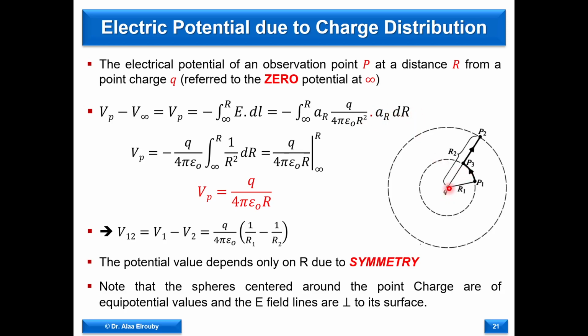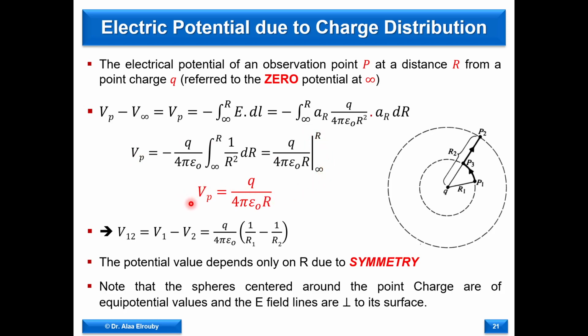So for dl, we are moving to infinity along the field line, along a_R. So dl is in the direction of a_R, and its value is dR. When we integrate this, we have this expression, and we substitute the limits of the integration.